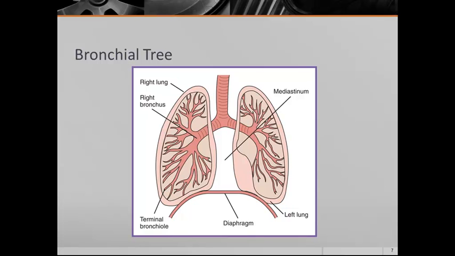Our bronchial tree is pictured here. You can see the right bronchus and the left bronchus. Also here you can see that there is a cardiac notch in our left lung. So our left lung is much narrower and has less air capacity.